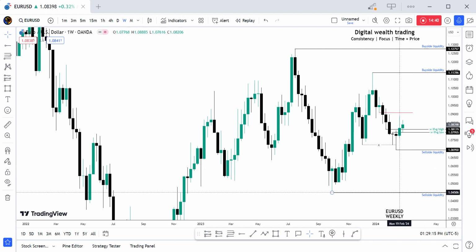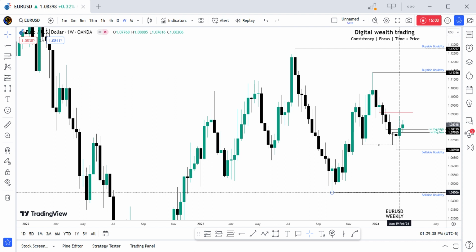And if you have been following me all this while, what did I say about inversion fair value gaps? They are highly effective, even more effective than the fair value gap itself. So I look into inversion fair value gaps more than fair value gaps. Yes, I'm the one saying that because I have tested it and I have seen the result.